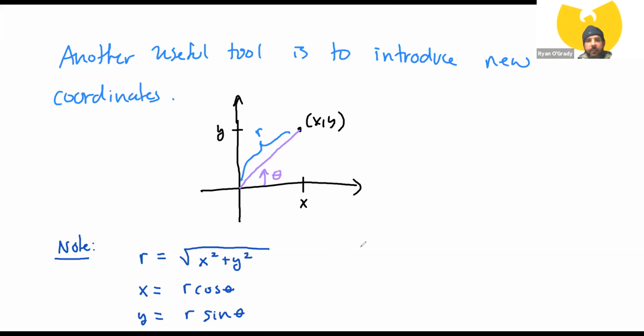So what this suggests is instead of describing a point in the plane as left, right, up, and down, we are going to describe it by its distance from the origin and its angle from this x-axis.